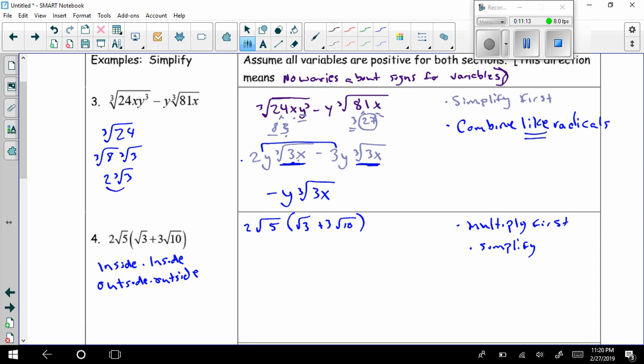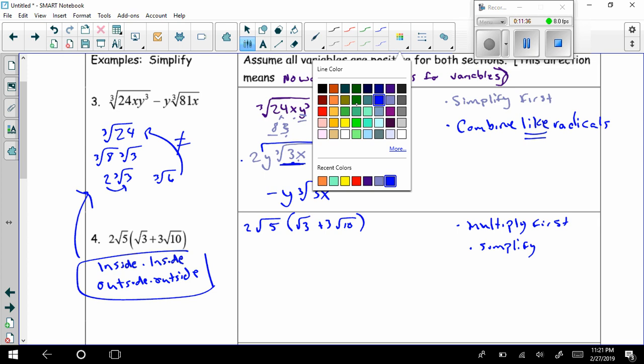This, though, if I just distribute this back in, is the cubed root of 6. Well, that's not the same as the cubed root of 24. So when you are multiplying, this is why we stick to inside, inside, outside, outside. We can't just take a number back inside of a radical. We already simplified it.